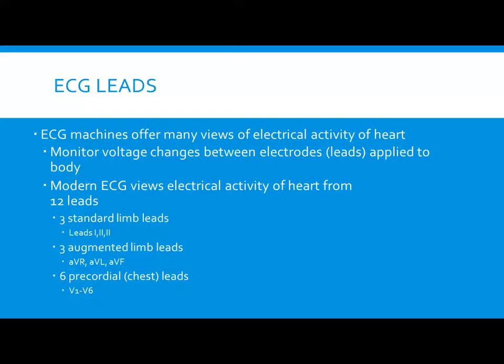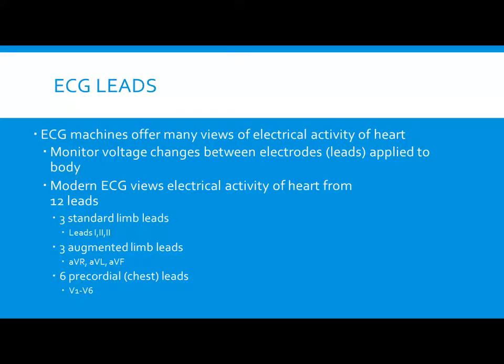If you do chest, you need to do chest with all four. If you do arms, you need to do arms and legs. Okay? So this is going to be lead 1, lead 2, and lead 3. Lead 1 is going to give you a perspective, lead 2 is going to give you a perspective, and lead 3 is going to give you a perspective.